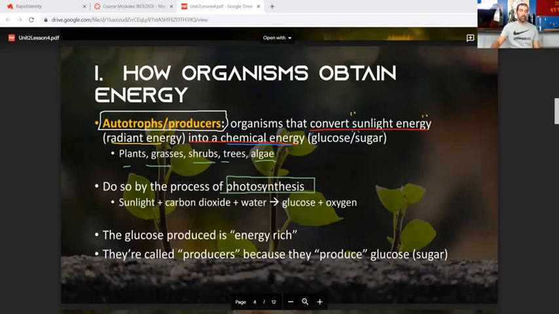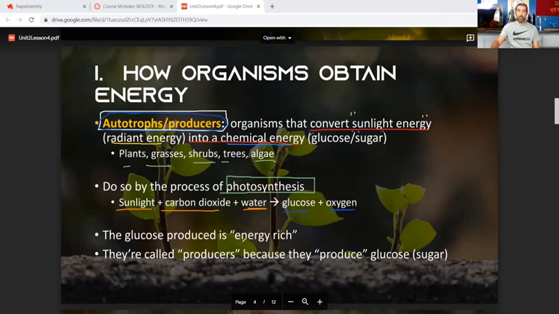What plants and all these things do is they take sunlight, carbon dioxide, and water, and they convert that, that's what that arrow means, they convert that into glucose and oxygen. So since plants do photosynthesis and they produce glucose, they will be called autotrophs or producers because they're making their own glucose.